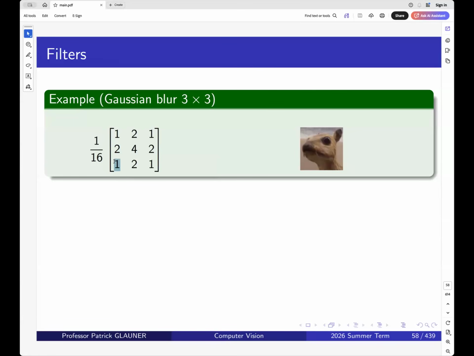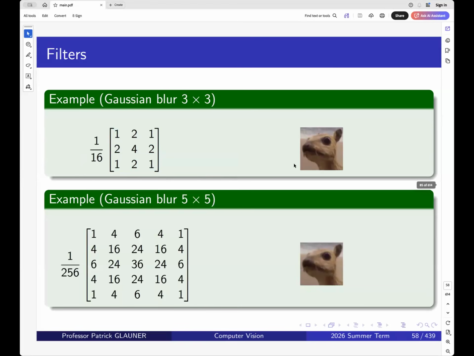But the ones in the diagonal, they are theoretically not 1 pixel away, but somewhat further away, like either 2 steps or square root 2. So this would be importance 1 in the diagonal, and we would sum these factors up, and this would be 16. So the Gaussian blur is quite a famous scheme because we give importance to the immediate neighborhood, and the further you go away, the less important.